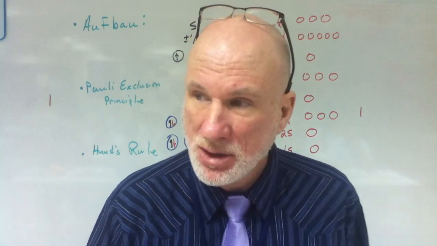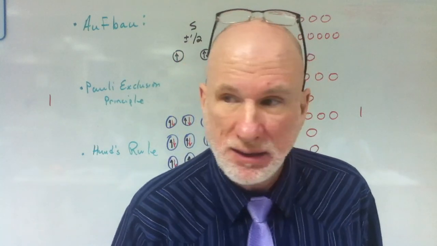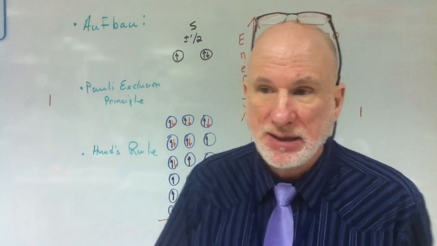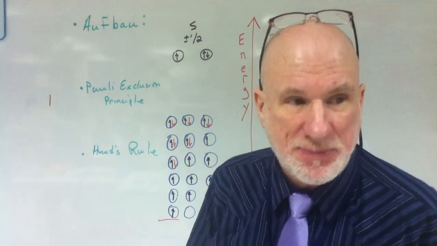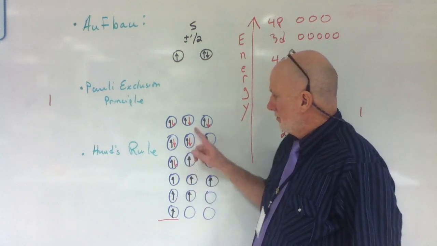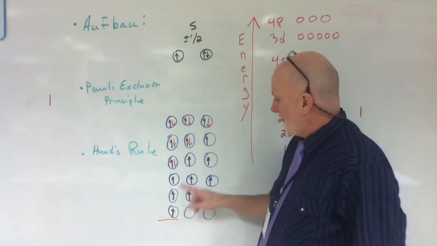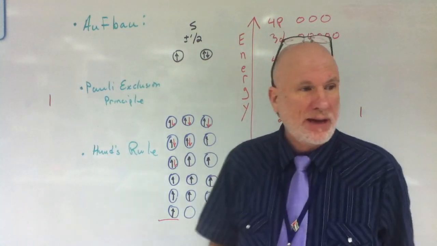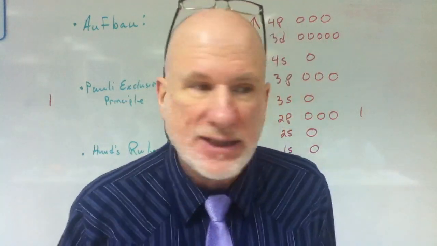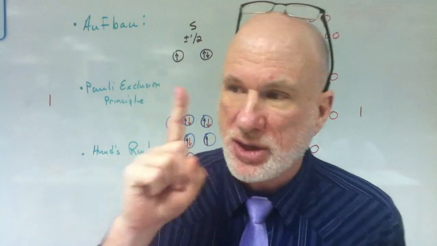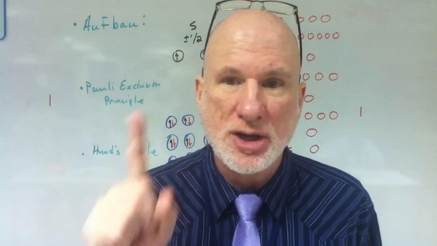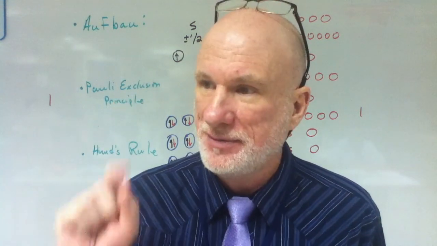Do you get it? So what does Hund's rule say? Hund's rule says that the orbitals are filled in this pattern. See that? Half filled and then all filled. And why does it do that? It does that for one reason and one reason only. What's that reason? It starts with an E and it's not elephant.